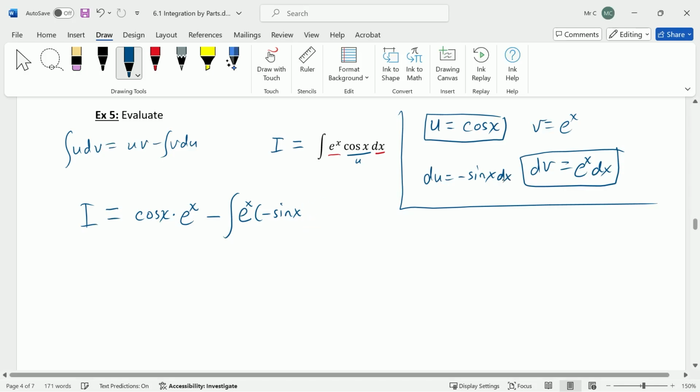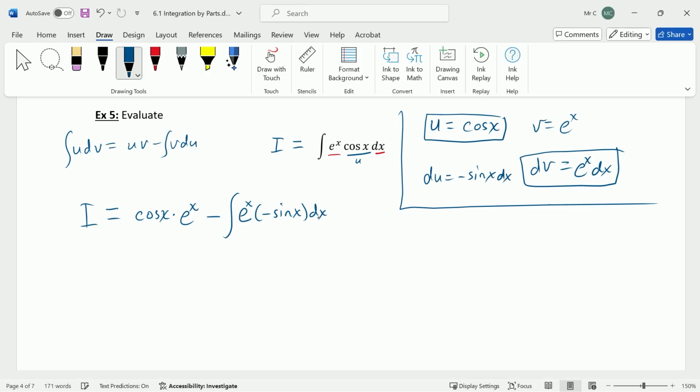Oh, I forgot to write my dx there. Shame on me. dx. There we go. Now, I'm going to simplify this a little bit. Negative times a negative is a positive. This becomes plus the integral of e to the x sine of x dx.